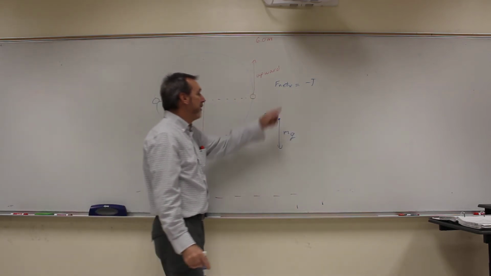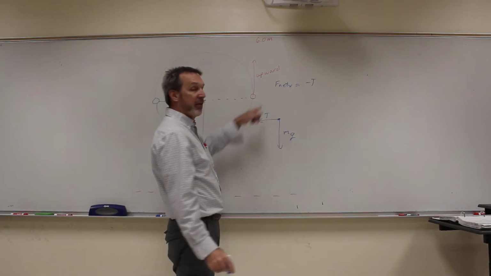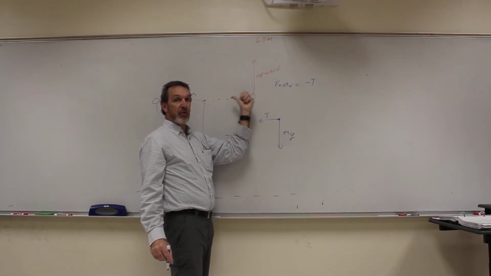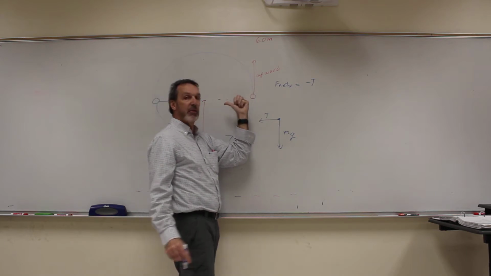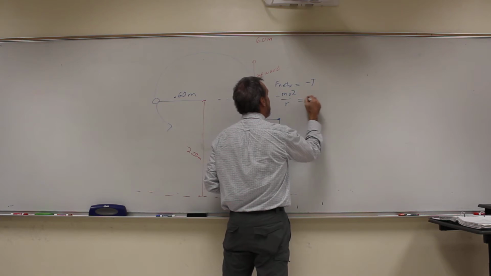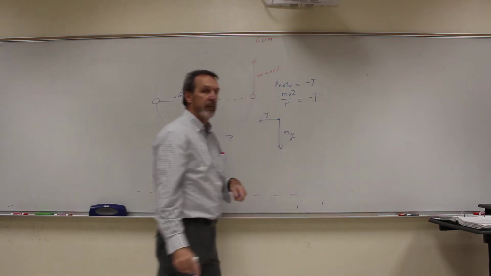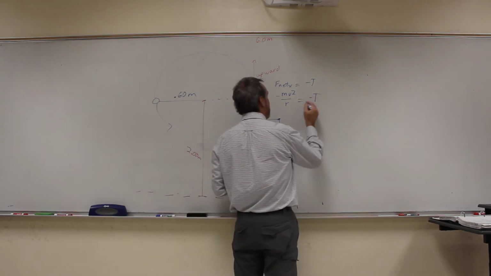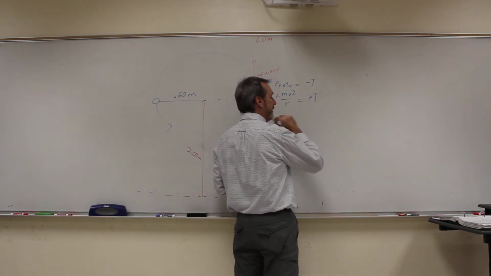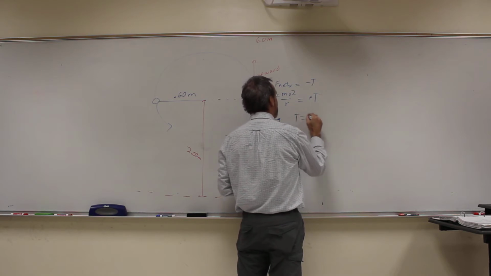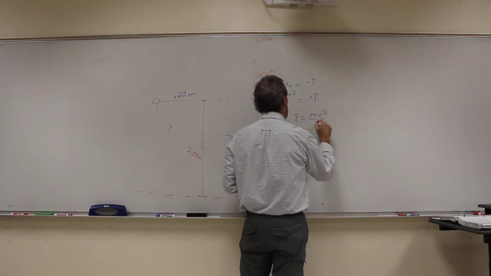But we know it's going in a circular motion, and that the centripetal acceleration is towards the center, so we can put in minus v squared over r is equal to negative T. Then we can multiply by -1, and the negatives go away, so T is equal to mv squared over r.